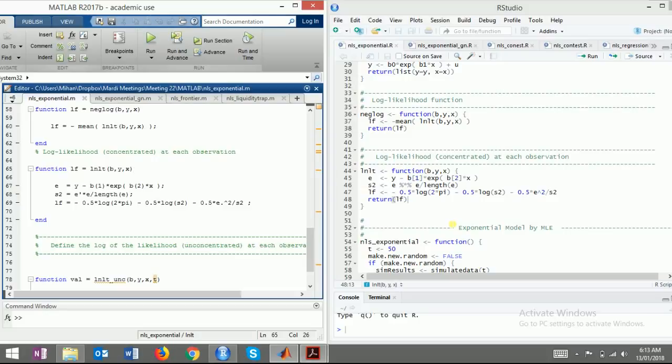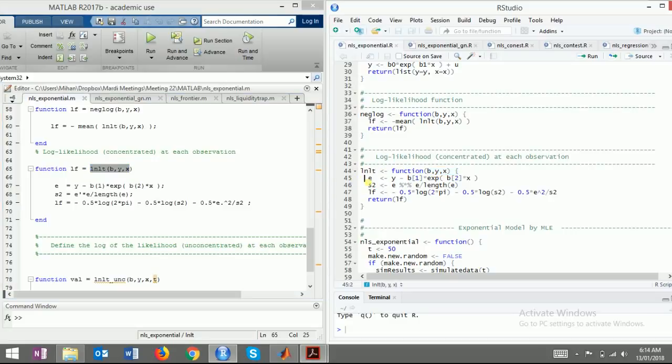So without that, what do we have? Concentrating out sigma square, we have function log lt beta yx. Okay, error e is equal to y minus beta 1 exponential of beta 2 x. Very simple. Beta 1 exponential of beta 2 x.